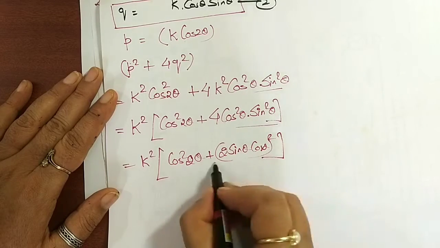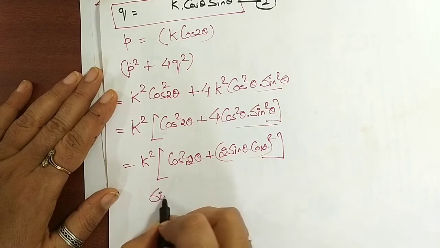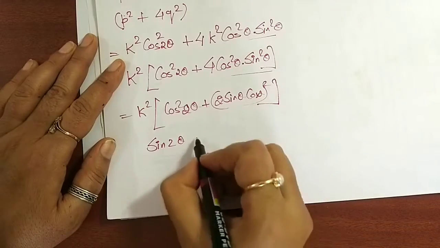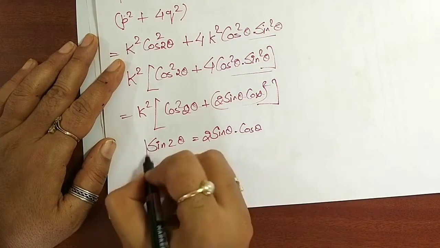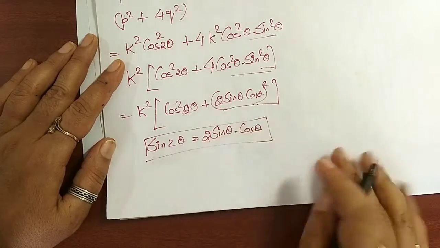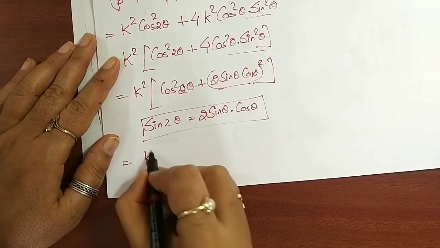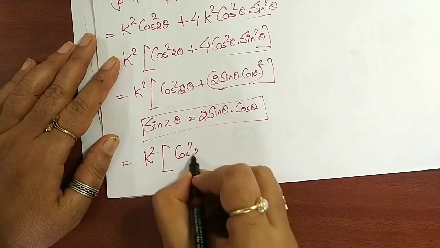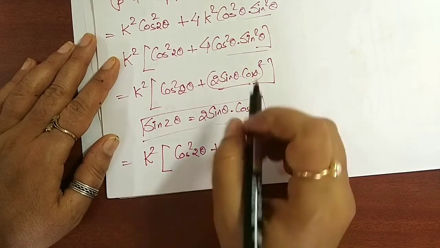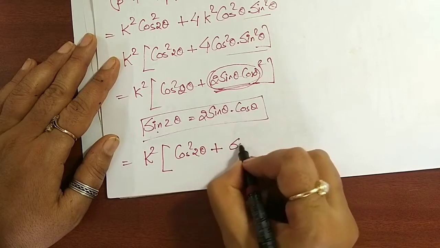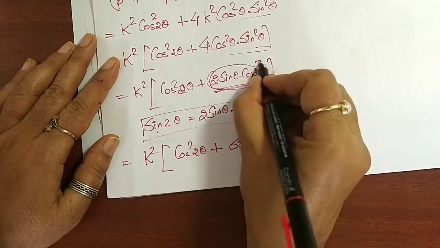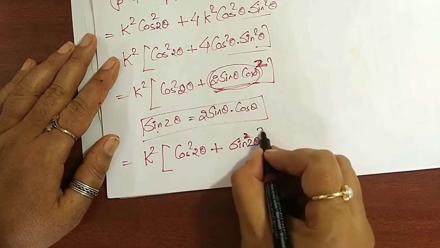Everybody knows what this is. What is sin 2 theta, if you remember? Sin 2 theta is 2 sin theta cos theta. Remember this formula? So I am putting it here. So what will I get? K square, it is cos square 2 theta plus, this inside thing I am replacing by sin 2 theta, and the square is there.